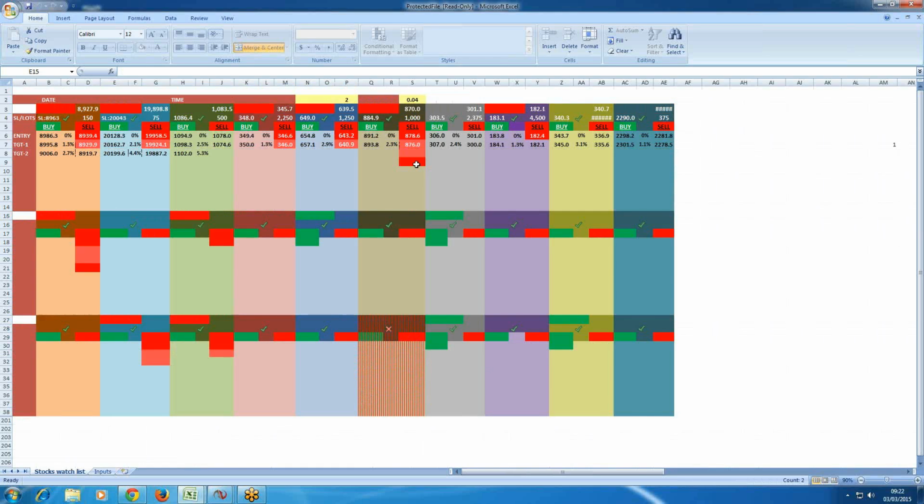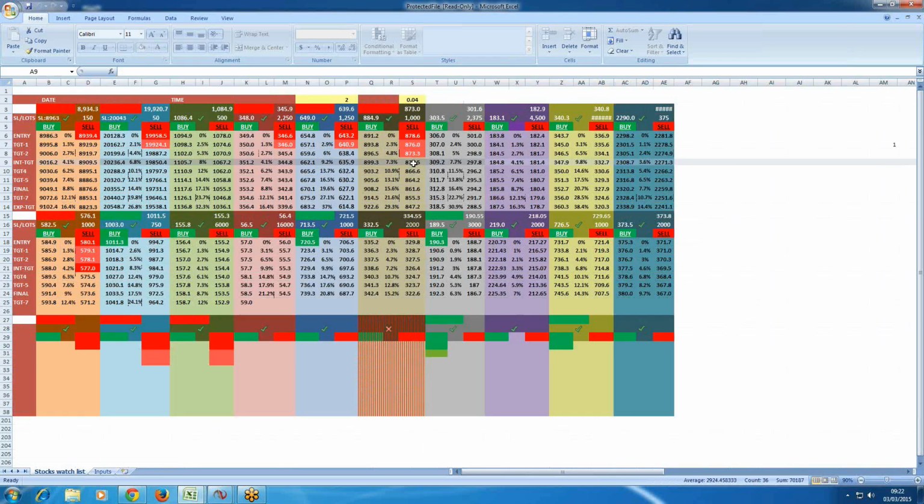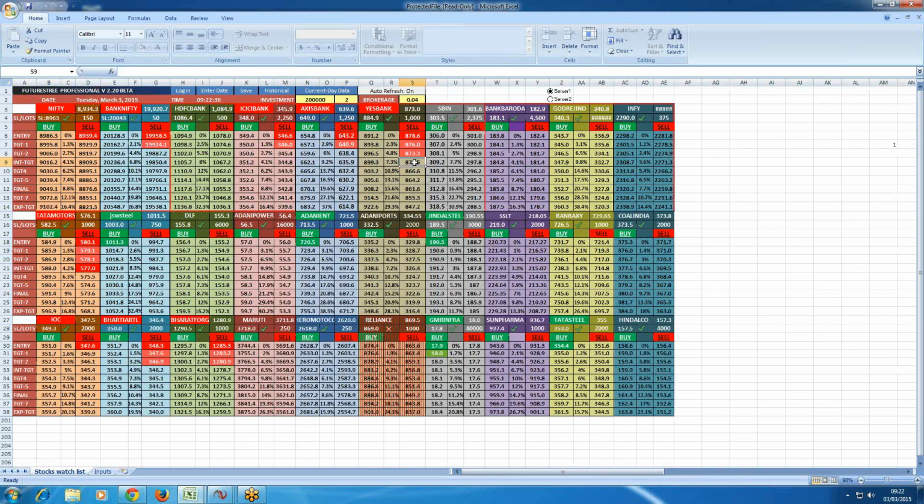So you can see that Yes Bank has done its intermediate target. The intermediate target is nothing but a safe level to exit your trades or the place where you can actually change your stop loss. Now, what you see in the middle of the buy and the sell, that is the percentages, is nothing but the percentage of profits in case a particular trade reaches its target levels.